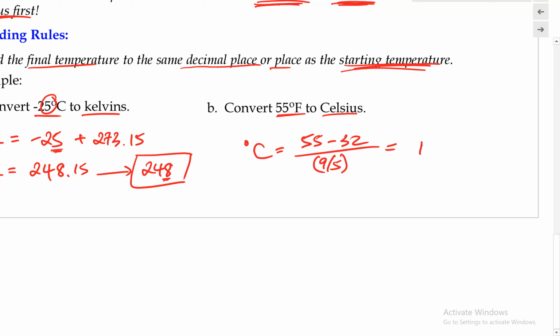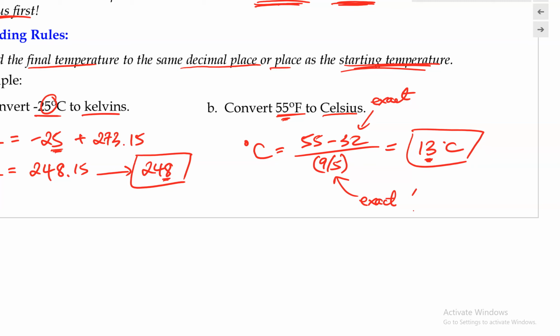And this will then equal 13 degrees Celsius. And we also need to round this to the ones place as well, because we started with the temperature existing in the ones place. Now please note that this 32 right here is exact, and this 9/5 over here is also exact as well, because this value was derived from a definition, so therefore they are exact.